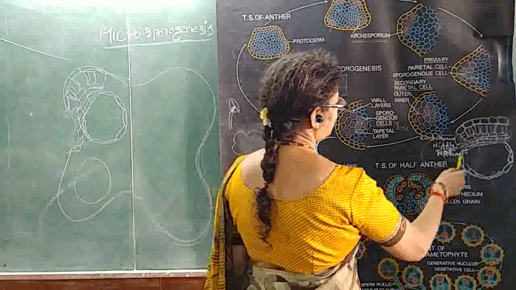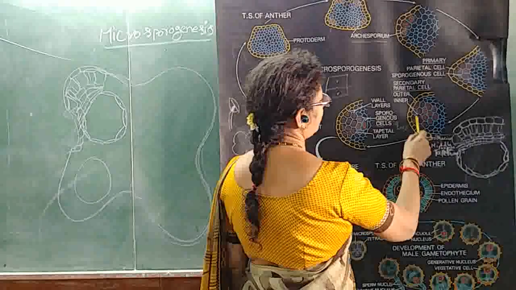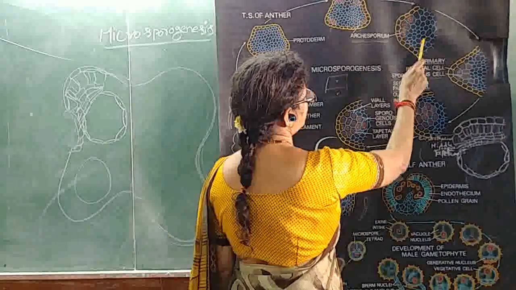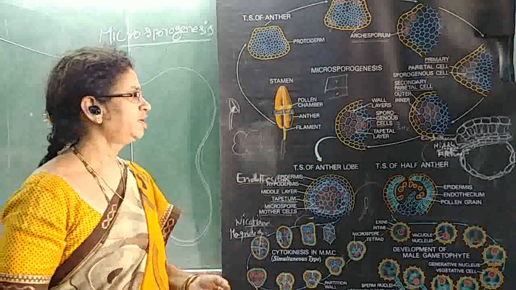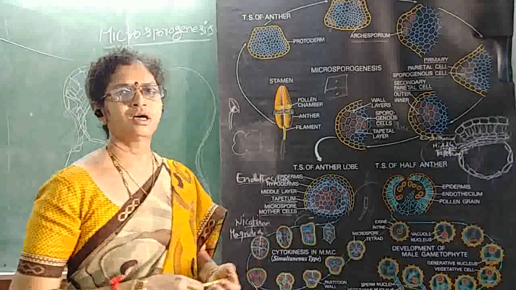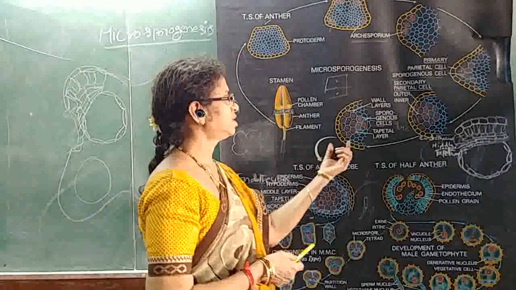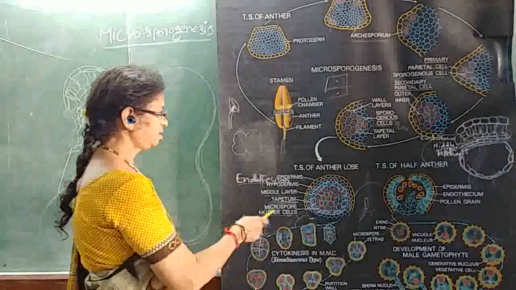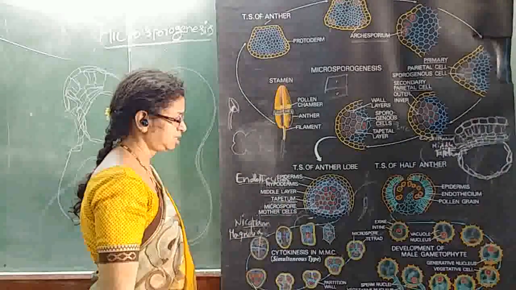Next to the tapetum, there is the sporogenous tissue. It is formed from archesporial cells. The sporogenous tissue cells divide and form spore mother cells, or they undergo one or two mitotic divisions and form spore mother cells, or pollen mother cells, or microspore mother cells.